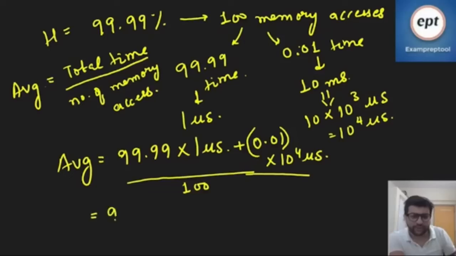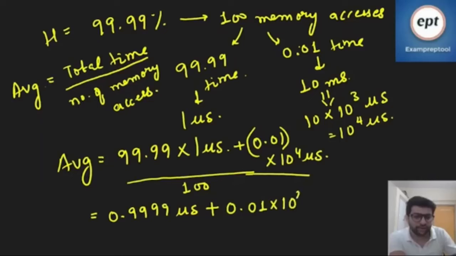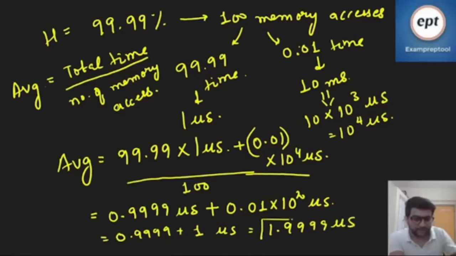If we solve it further, it will be 0.9999, because I am just dividing 99.99 microseconds by 100, plus 0.01 into 10 square, I am dividing 10 power 4 by 100, microsecond, which equals 0.9999 plus 1 microsecond, which is 1.9999 microseconds. And this is our final answer.